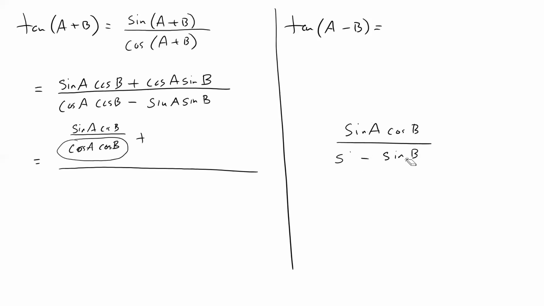So how about if I divide by cosine A cosine B? Now these guys cancel, right? And am I still in tangent categories? Absolutely. Where does the sine A over cosine B come from? It's this little first piece right here. And why can you do that? That's cool because we can always multiply through by 1 or divide through by 1.